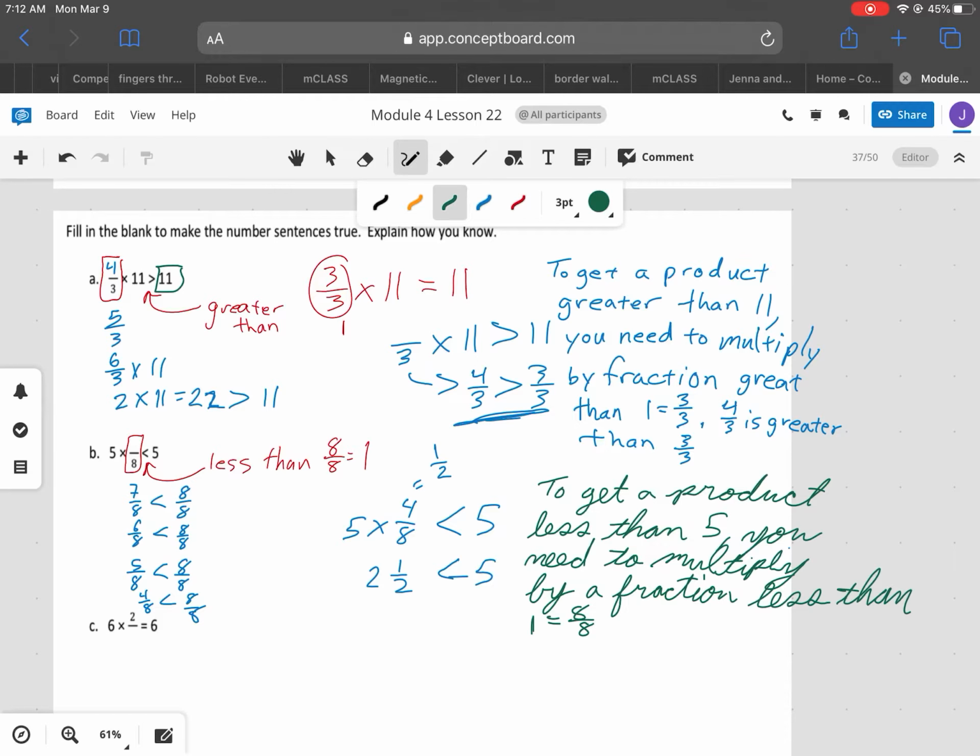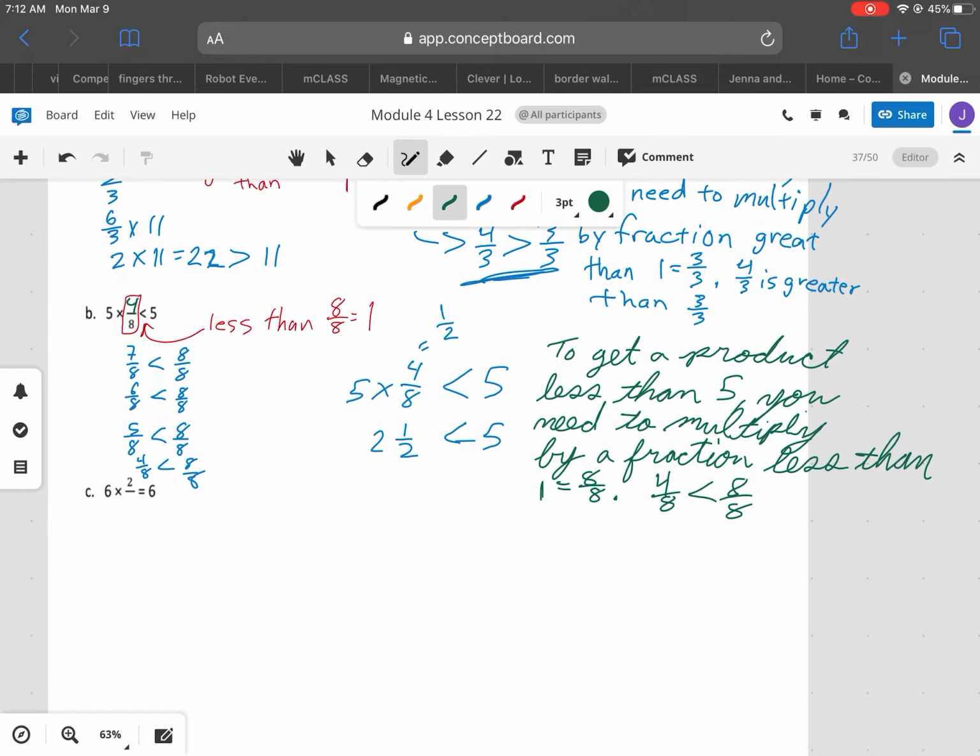In this case, that would be 8/8. So then I can write whatever I choose. I haven't chosen anything, so I'm going to put a 4. 4/8 is less than 8/8.